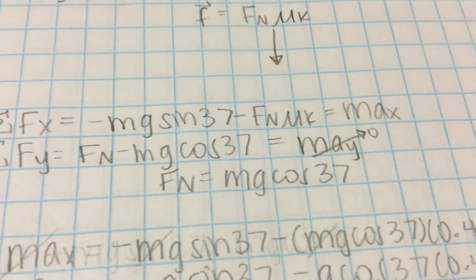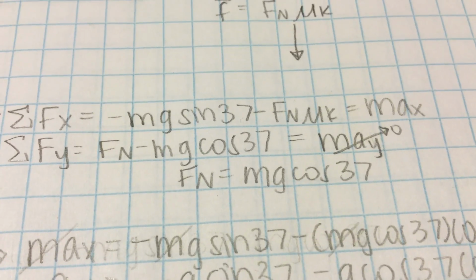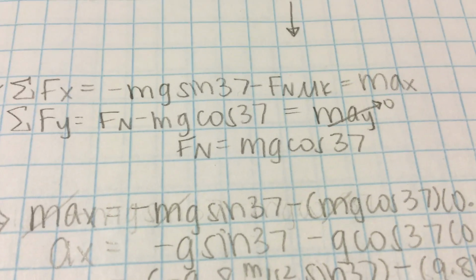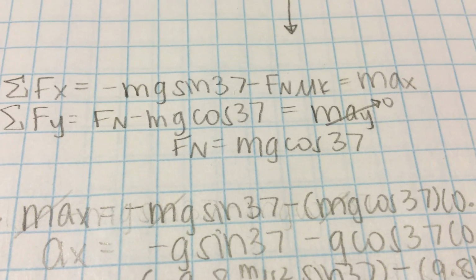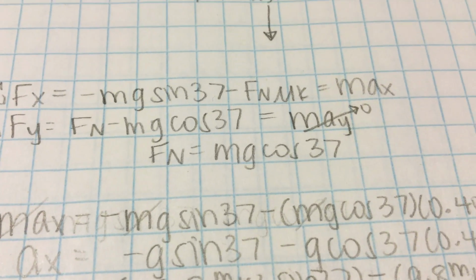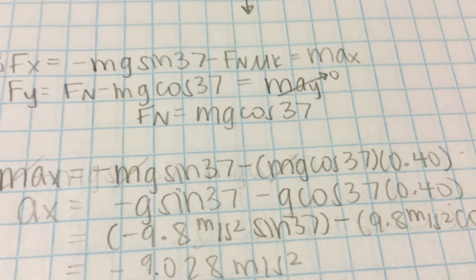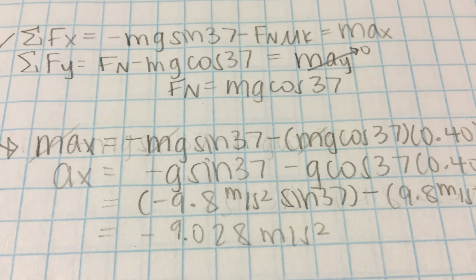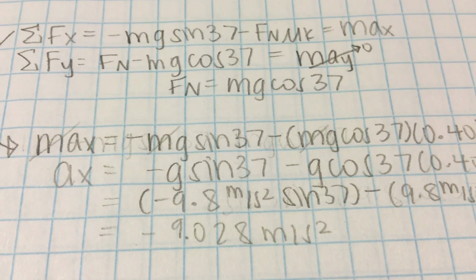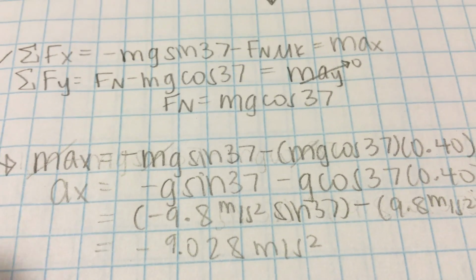And as you can see, the mass cancels out in all of these, so you don't need it to solve the problem. Then solving for acceleration in the x direction, you get negative g sine 37 minus g cosine 37 times 0.4, and you end up getting negative 9.028 meters per second squared, which makes sense because the object is decelerating due to the friction and the gravity pulling it backwards.